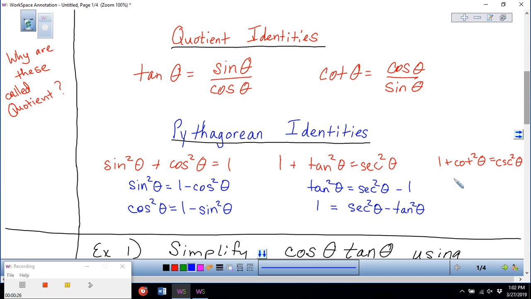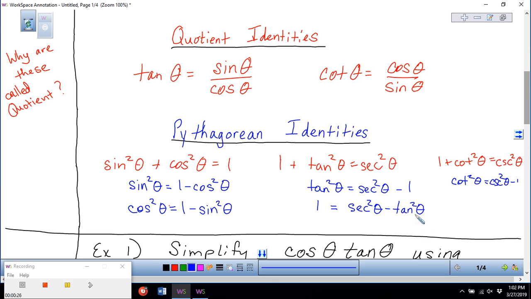And then for our third set, 1 plus cotangent squared theta equals cosecant squared theta could be rewritten as, if I subtract 1 from both sides, I could rewrite it as cotangent squared theta equals cosecant squared theta minus 1.